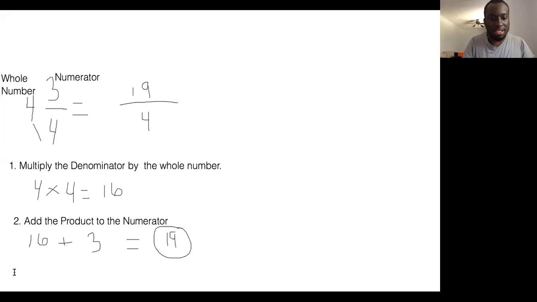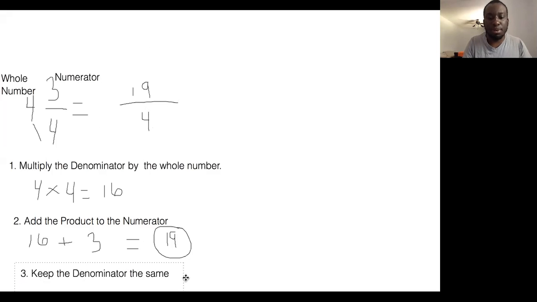Step 3 is keep the denominator the same. Keep the denominator the same.